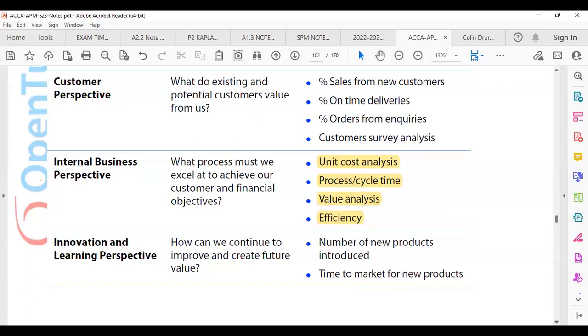When you become innovative, that is through what you give to the company. So how can we continue to improve and create future value? Number of products. You must give employees room for thinking, and time to market for the new products. So those are the 4 perspectives, which if you want to get more, they're the ones which you may also understand.